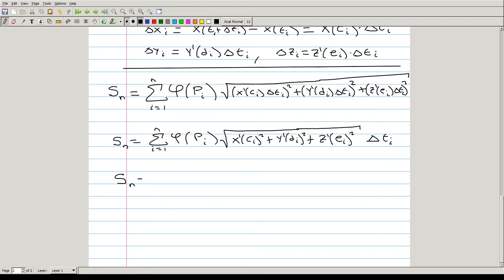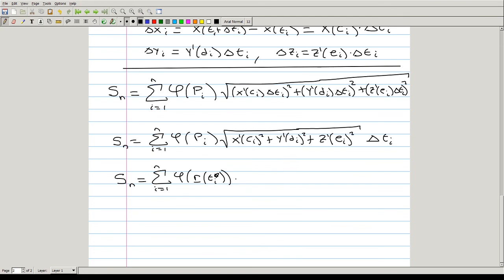Or S_n is equal to the summation from i equals 1 to n, and this p_i we'll just say is some intermediary point. So it's phi of the position r at t_i star, this point p_i, to give us a t here, and then this is equal to the square root of, it's an approximation to the velocity.